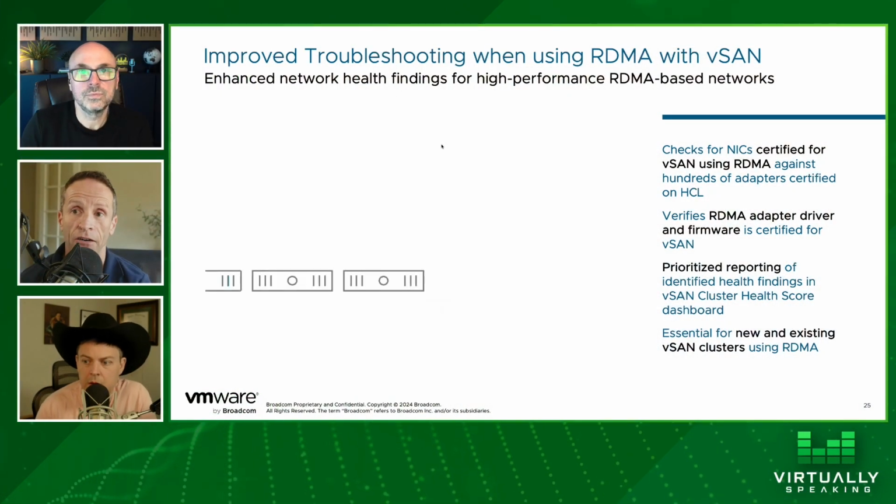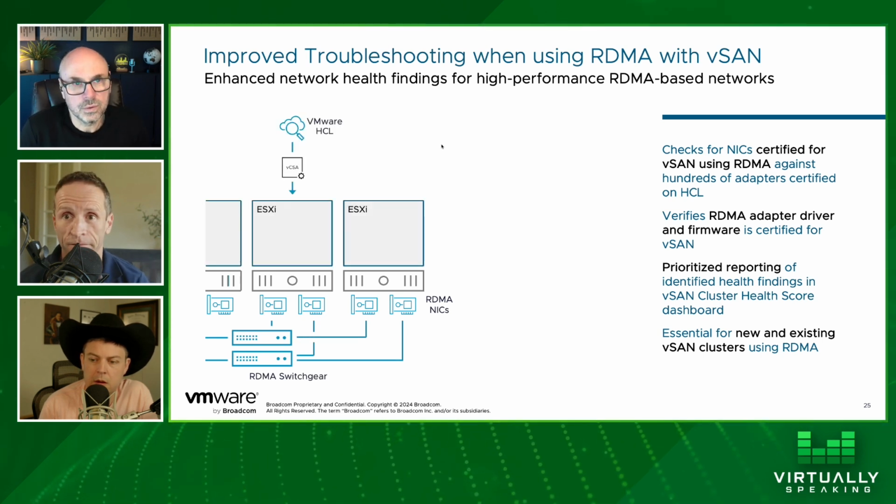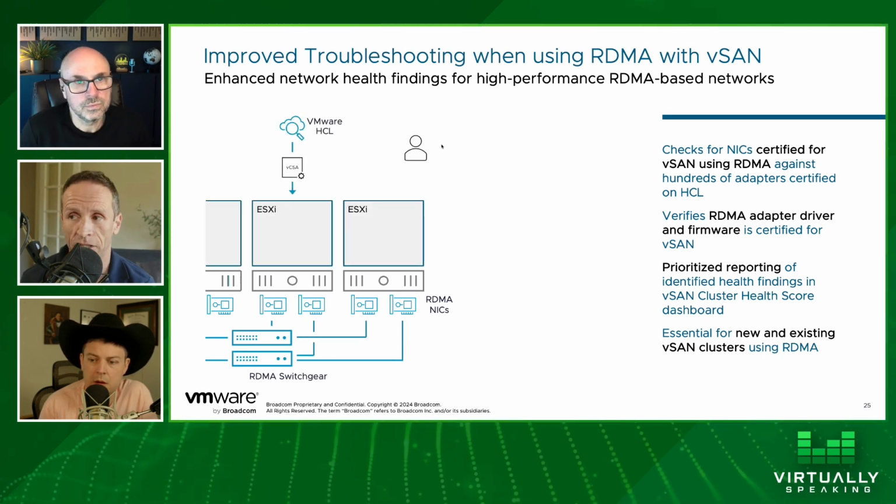Very nice. Speaking of health checks, one of the nice new improvements that we've introduced in vSAN 8 Update 3 is some additional health checks for networks using the RDMA protocol, RoCE v2, essentially.